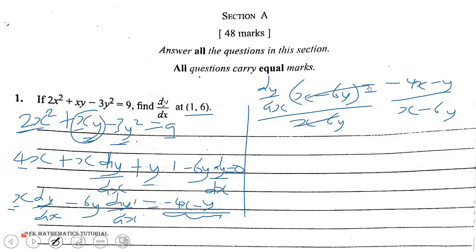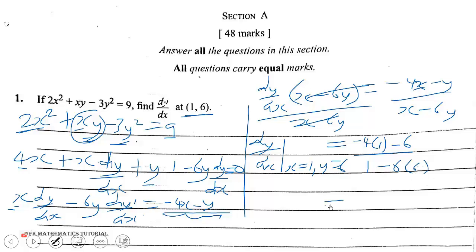So now we are finding the value of the dy/dx at this point, x equals 1 and y equals 6. We just substitute the values there to be equal to negative 4 times 1 minus 6, all over 1 minus 6 times 6.